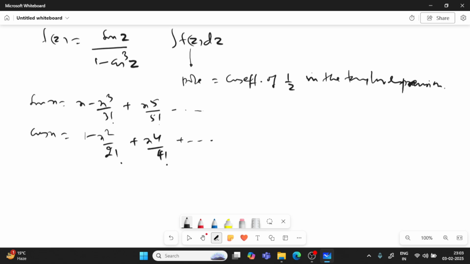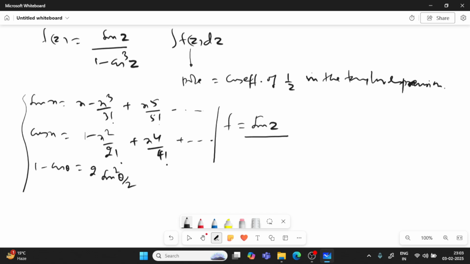So our f would be sin z divided by 1 minus cos z cube. We also know that 1 minus cos theta equals 2 sin square theta by 2. These are some previous results which we have studied in class 11th.